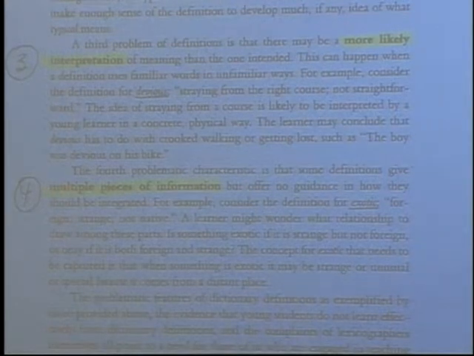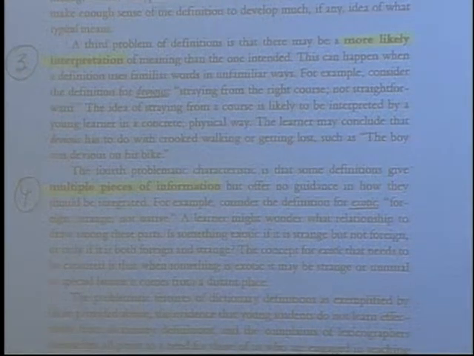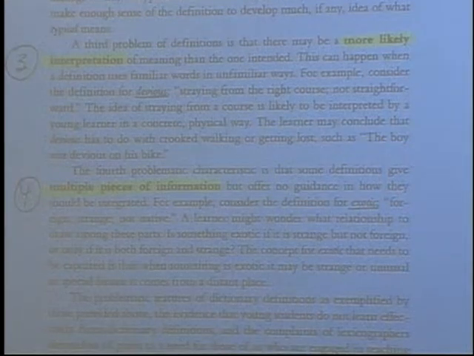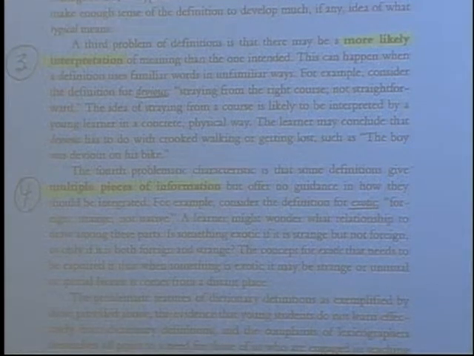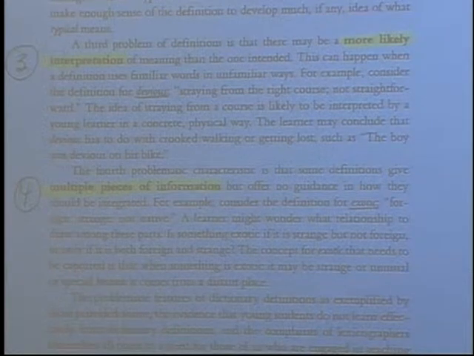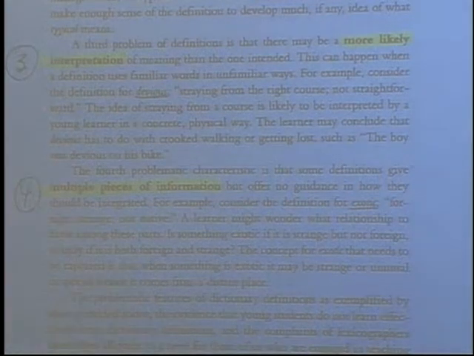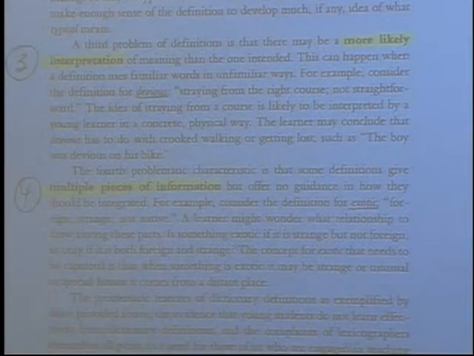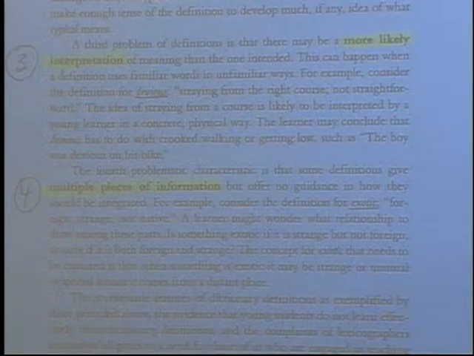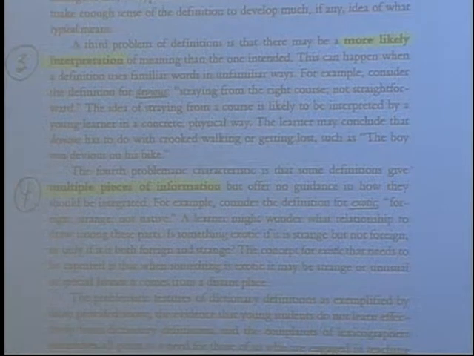Okay, I think a better definition might be something that is special or unusual because it comes from a distant place. It's just a more explicit explanation for them, and it's much more focused. Okay?